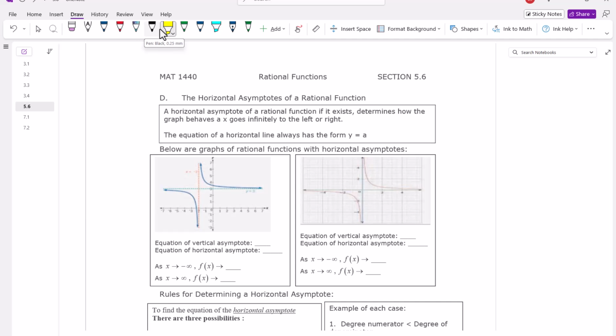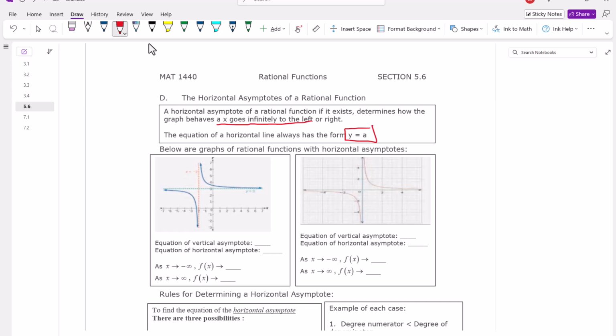So what happens, a horizontal asymptote of a rational function determines how the graph behaves as x goes infinitely to the left or right. Sometimes the graphs will level off, sometimes they won't. So the equation of a horizontal line is always y equals a number, because y is not changing when you have a horizontal line.